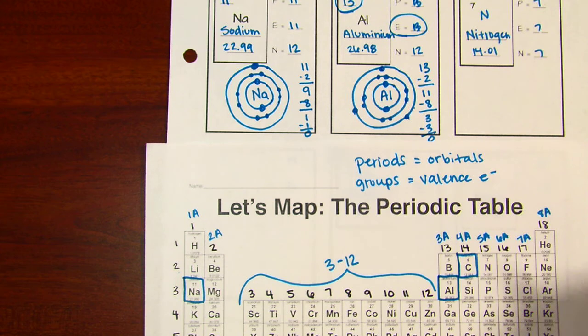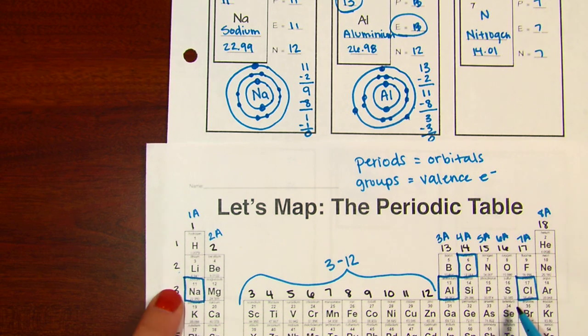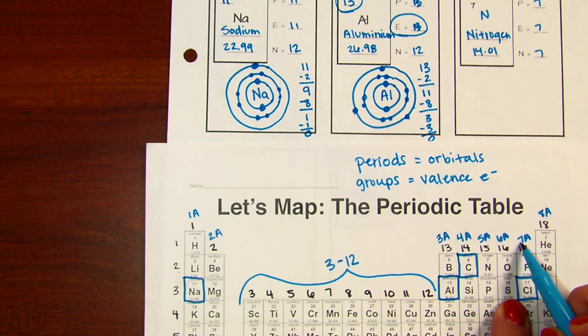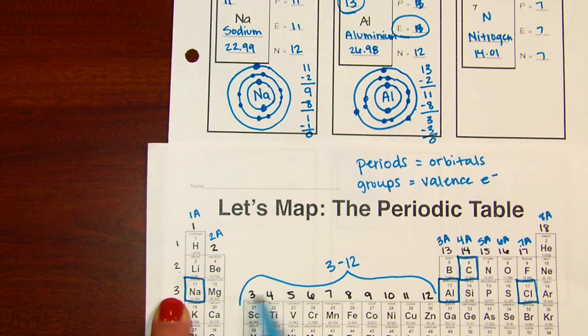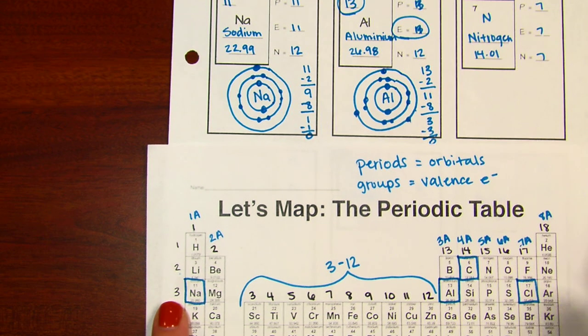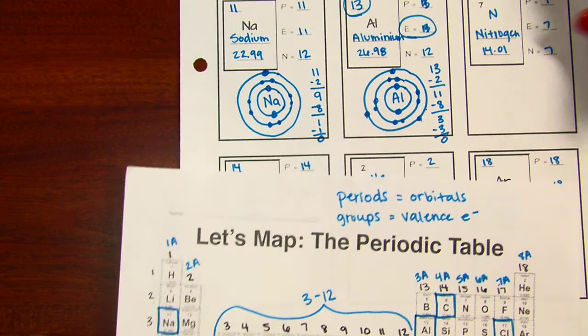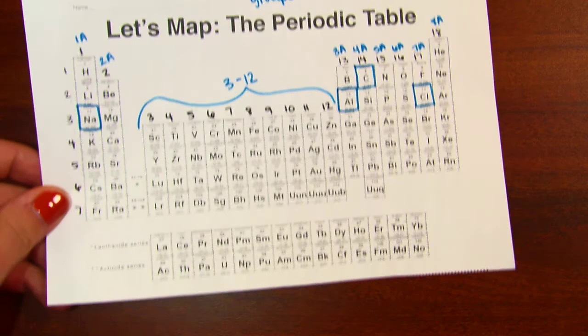So let's take chlorine, for example. Chlorine would have 7 valence electrons, and it would have 3 orbitals. It had 7 valence electrons because it's in group 7A. It would have 3 orbitals because it is in period 3. So if I were to make my Bohr model for chlorine, I'm going to do that down below here.